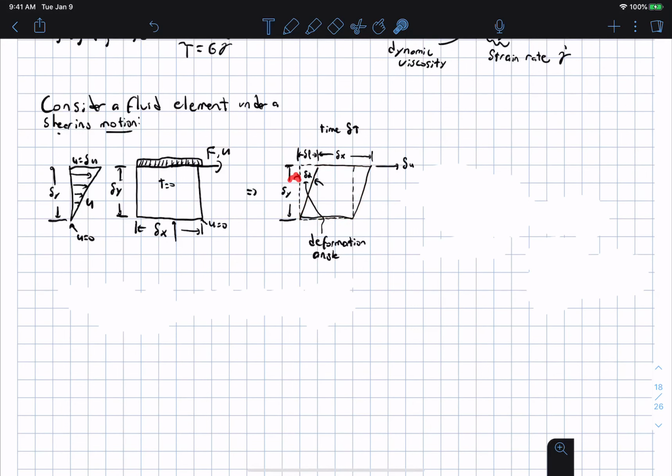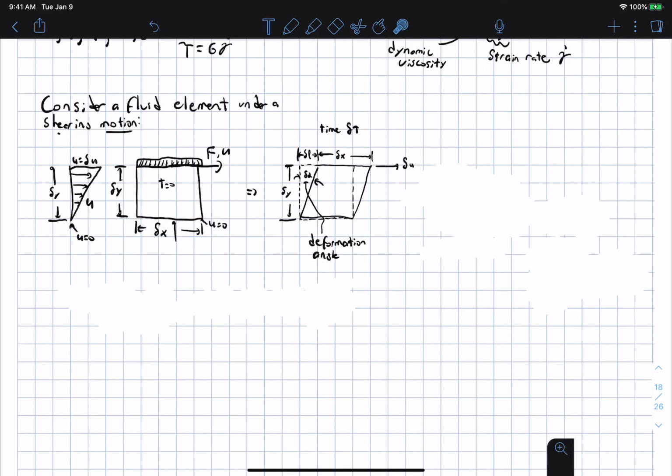Okay, and that's going to change the angle just like the solid. And if we apply the small angle here, this distance here is going to be some delta L, and the length of the rhombus is not going to change, so that's still going to be delta x, just like it was over here. The sides are delta x wide and delta y high.